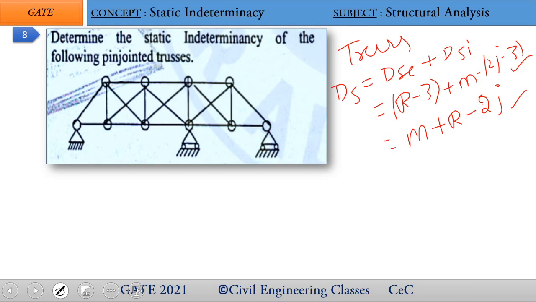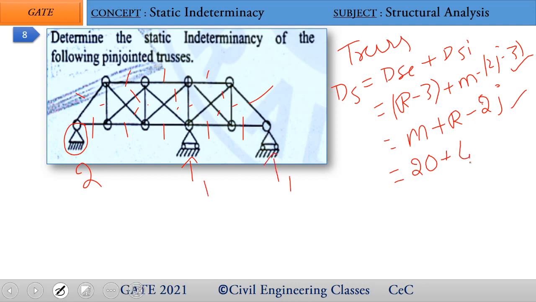So first you calculate how many members are there. 1 2 3 4 5 6 7 8 9 10 11 12 13 14 15 16 17 18 19 20. So 20 members are there, plus the number of reactions. The hinge has 2 reactions, this is a roller with 1 reaction and this is also a roller with 1 reaction.